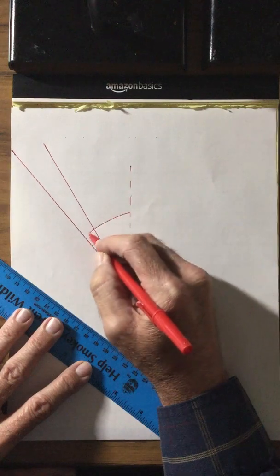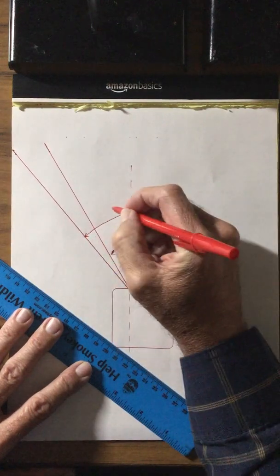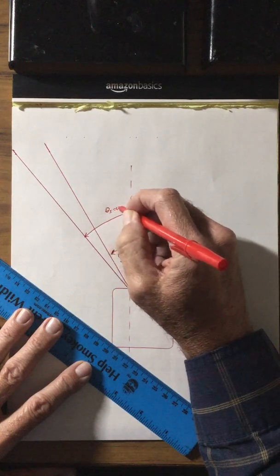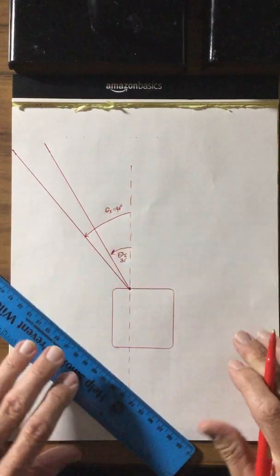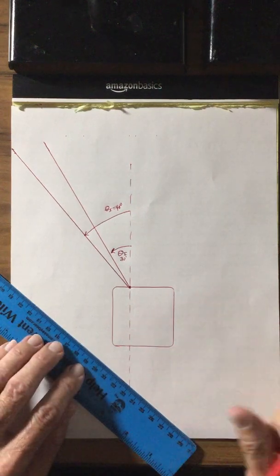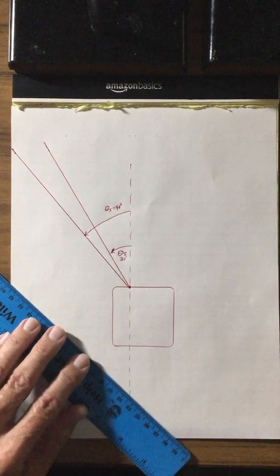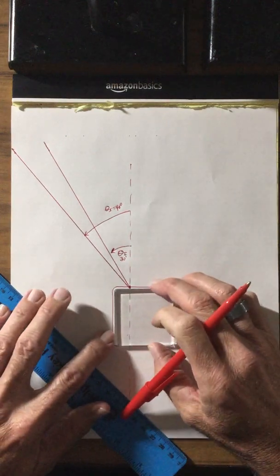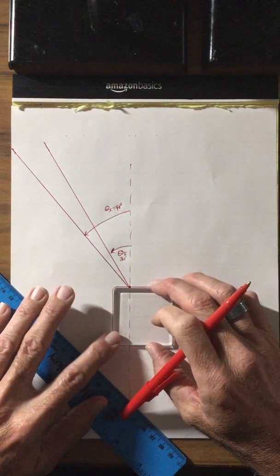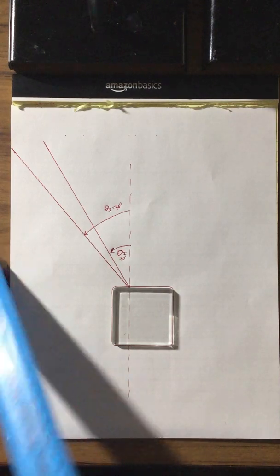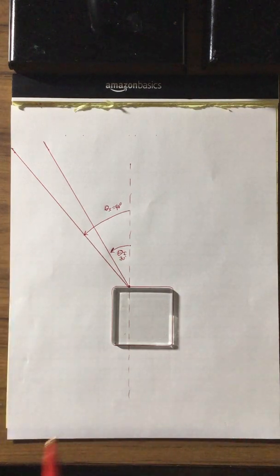And the angle from here to here is going to be the 40-degree angle of incidence. We're going to measure how much the angle is refracted, and then we will also see and calculate the index of refraction based upon the refracted angles.